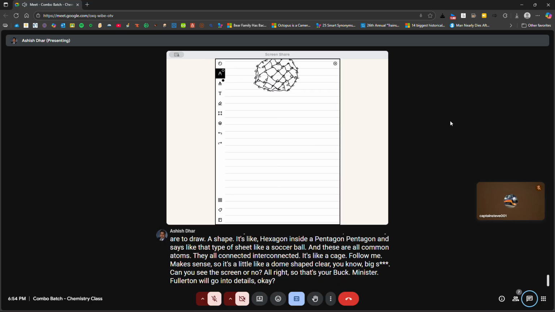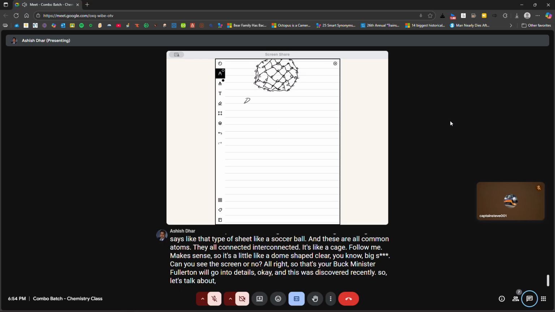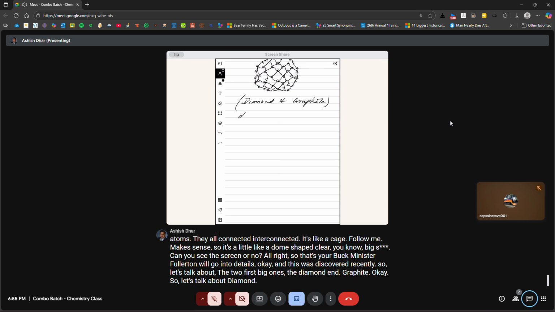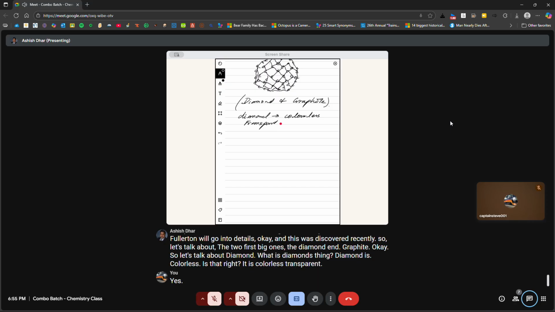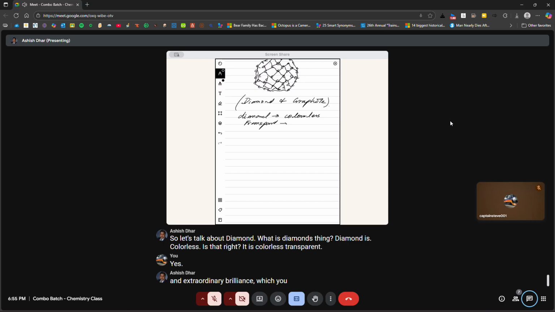We'll go into details, okay? And this was discovered recently. So let's talk about the two first big ones, diamond and graphite. Let's talk about diamond. Diamond is colorless, transparent, and has extraordinary brilliance, which you already know.